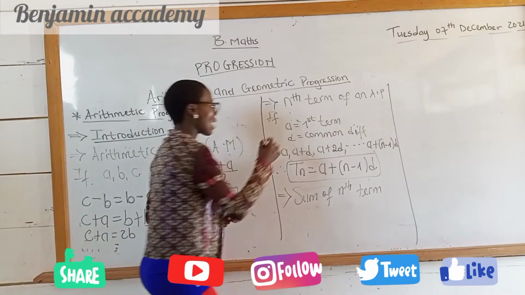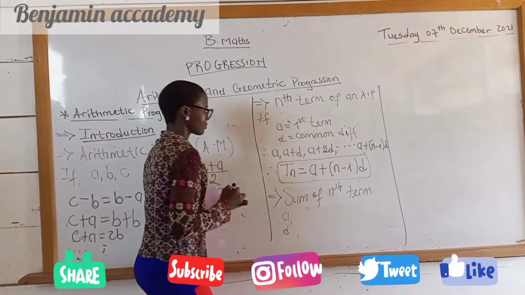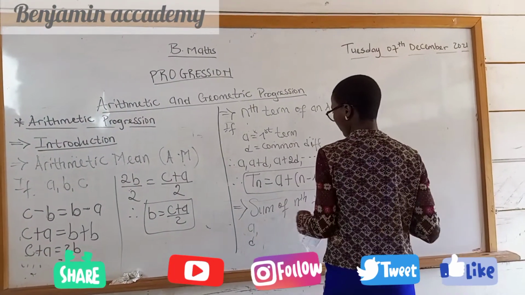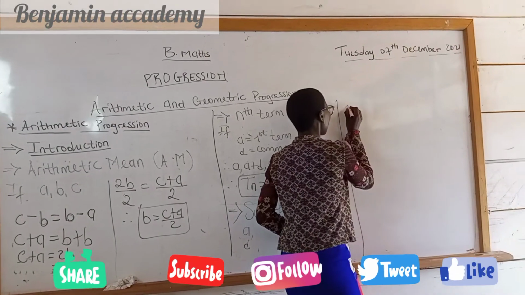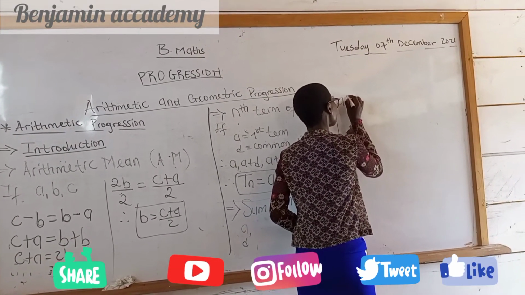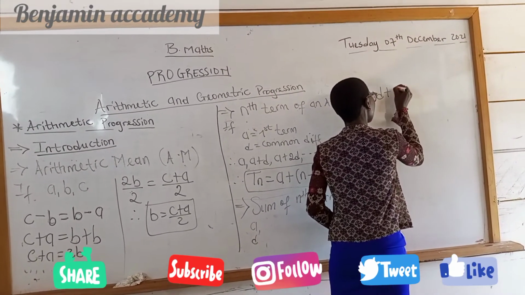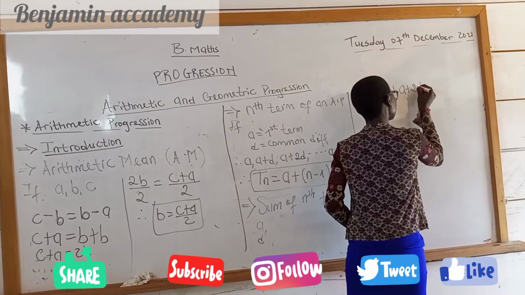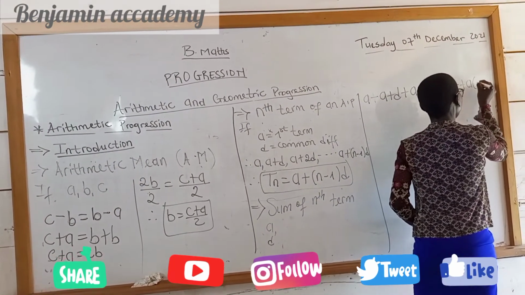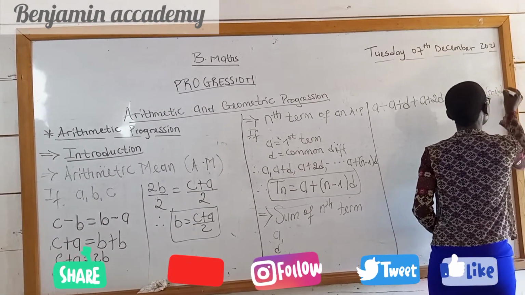We need to note our A, first term, and D. For us to have the sum of n terms, it is A, the first term, plus the second term A plus D, plus the third term A plus 2D, plus up to the nth term, which is A plus (n minus 1)D.